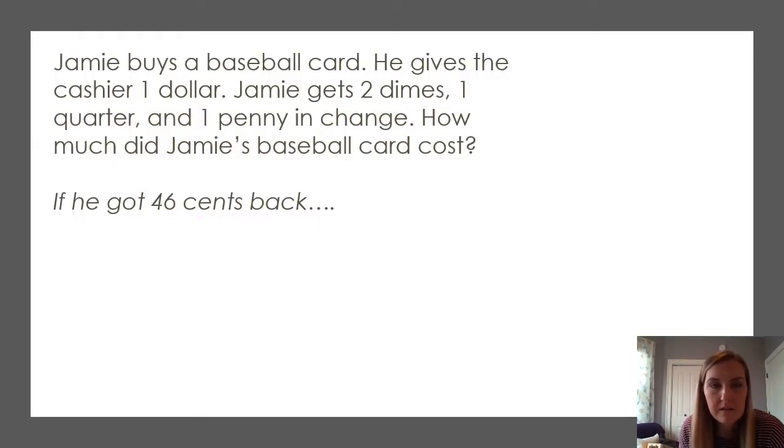Writing down a number sentence for this. 100 minus how much the baseball card costs equals 46 cents. Here's my number sentence for this problem.